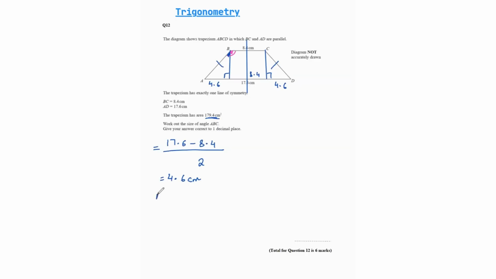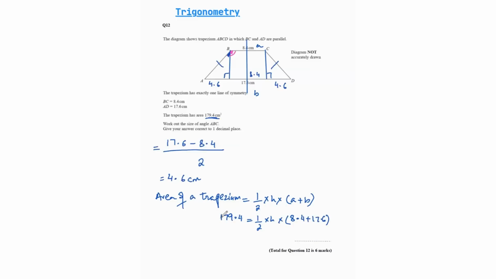So the area of a trapezium is basically 1 over 2 times the height times the sum of parallel sides. This is A, this is B. So 179.4 equals 1 over 2 times H times (8.4 plus 17.6).